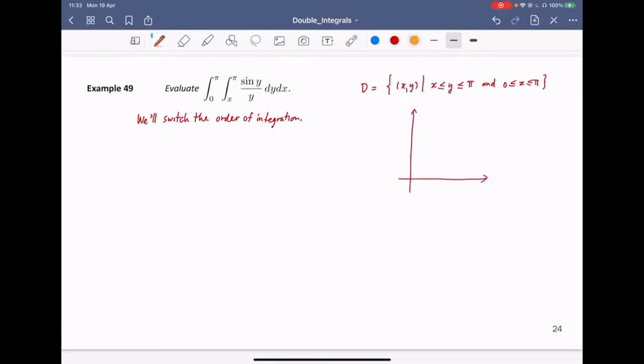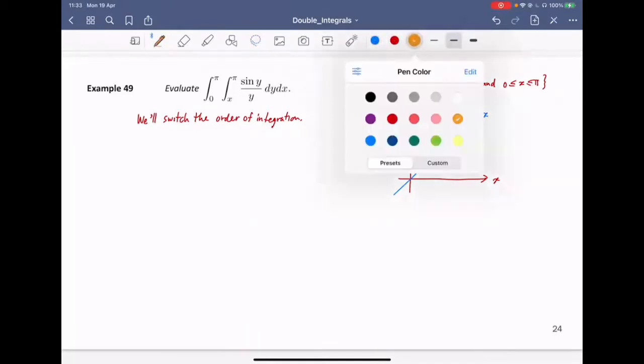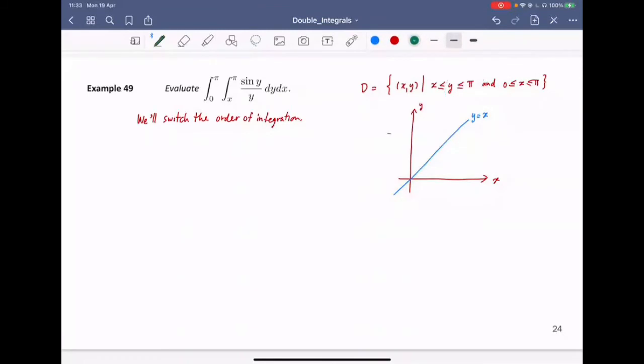First of all, I have y equal to x, which is this line. And then y equal to pi here.